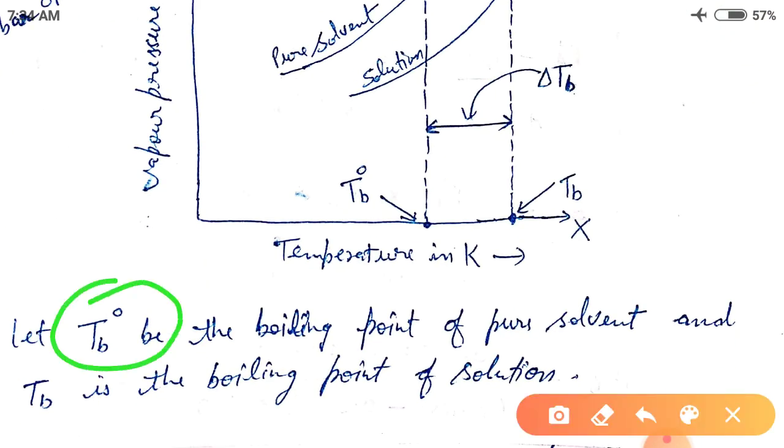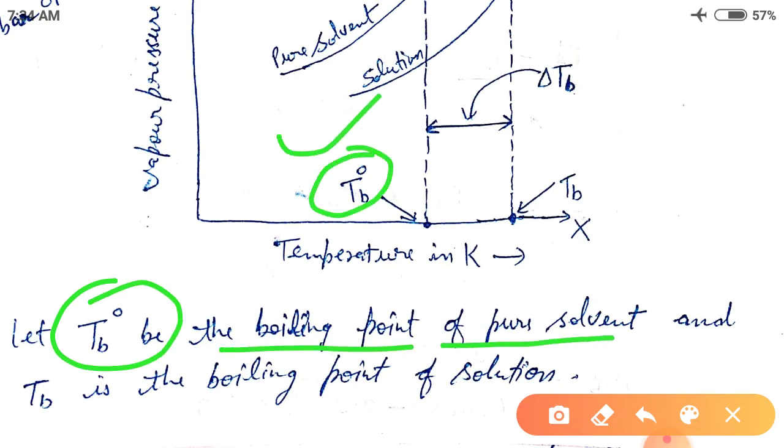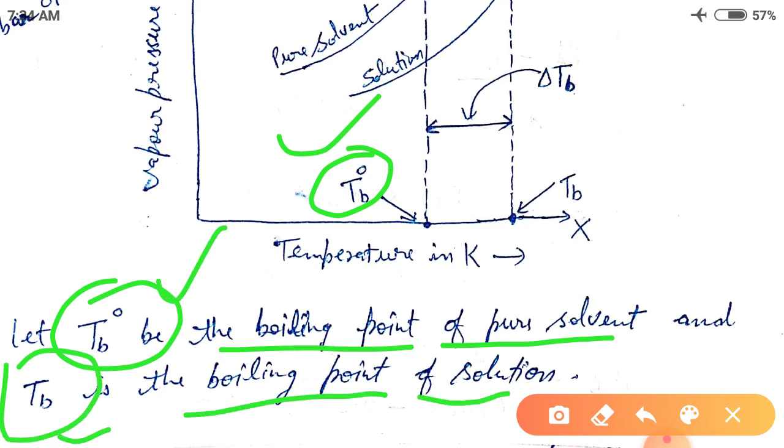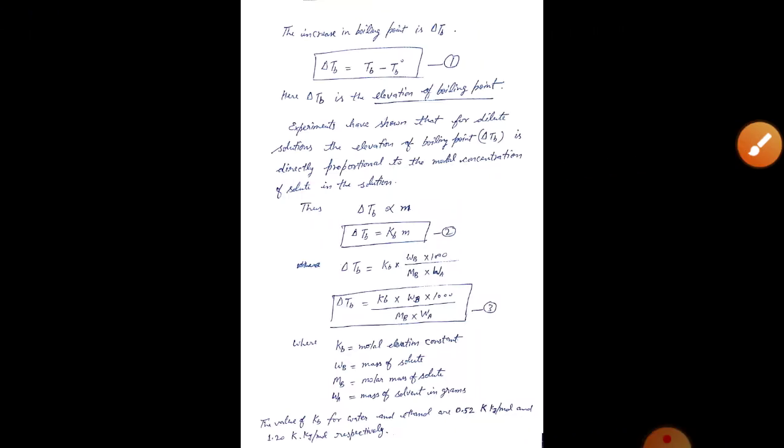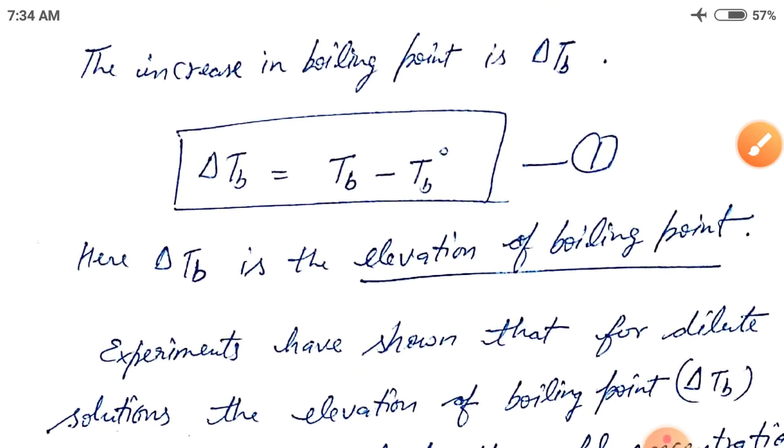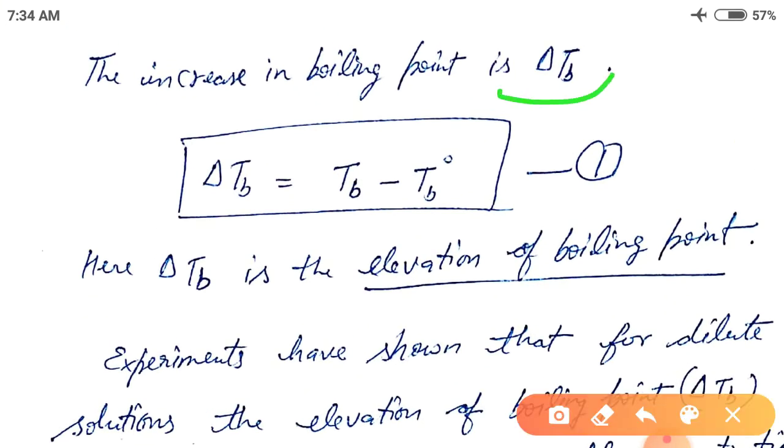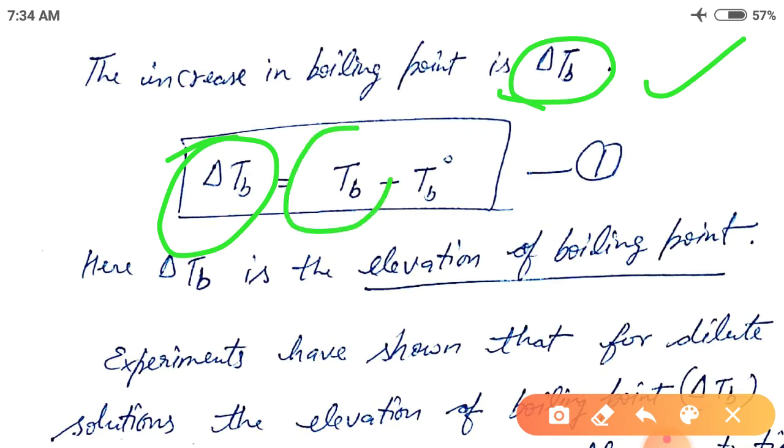Let T naught B be the boiling point of pure solvent, and TB is the boiling point of the solution. Here the increase in the boiling point, that is delta TB, is the difference.